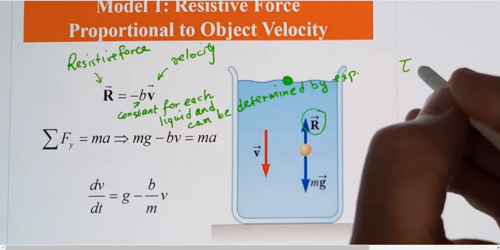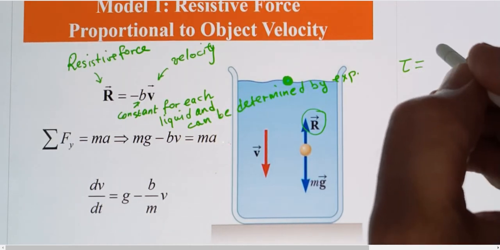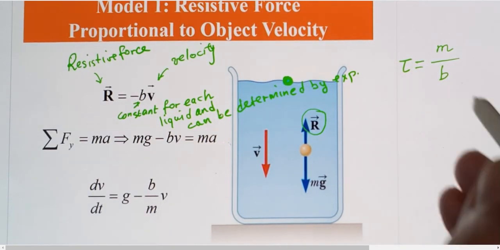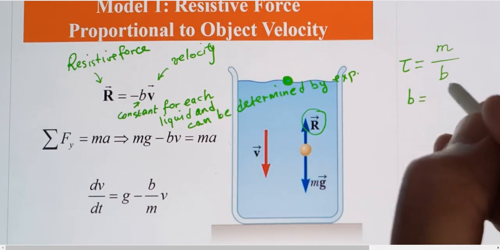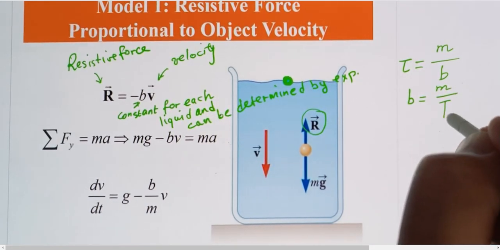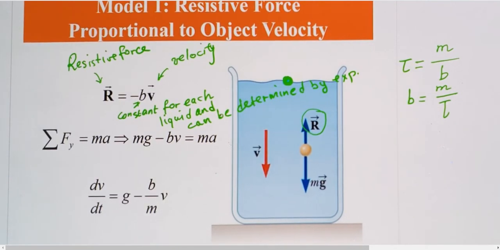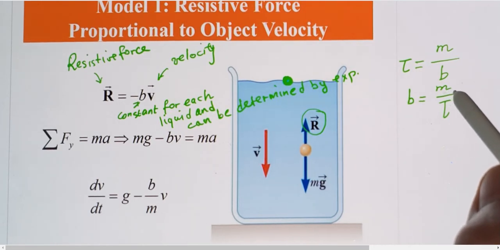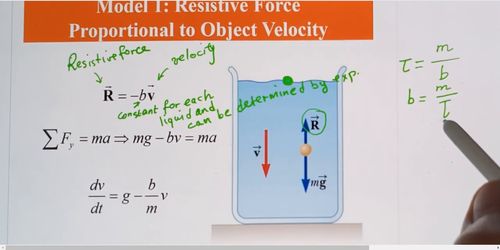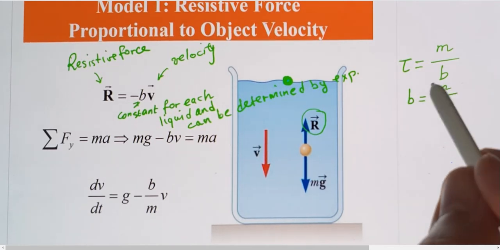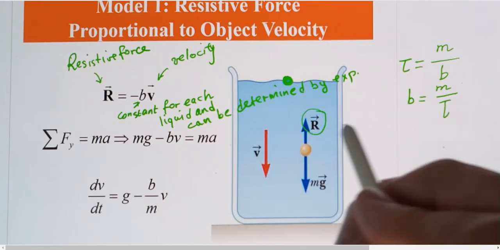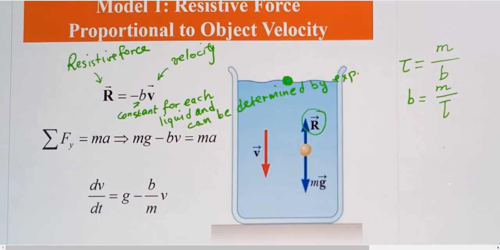We call it the time constant, and it is equal to the mass of the ball divided by B. So basically B is equal to the mass of the ball divided by tau. The mass of the ball can be measured experimentally, and tau can be measured experimentally, so we can determine B from experiment. So each liquid has its own coefficient or its own constant.